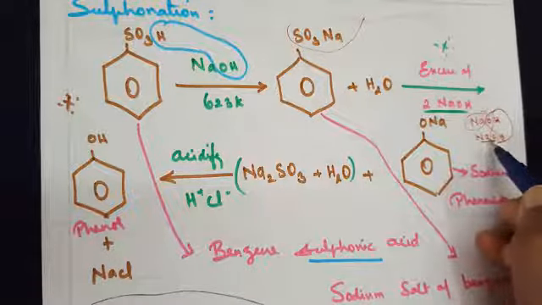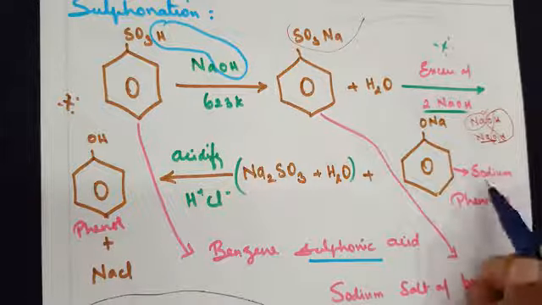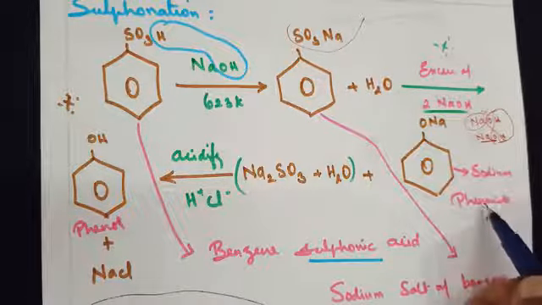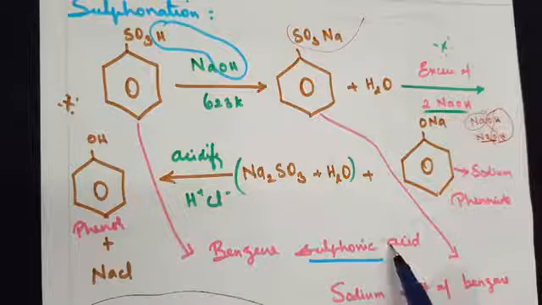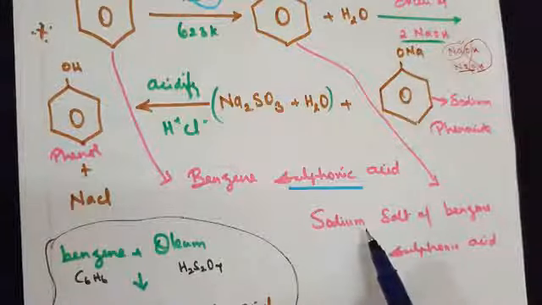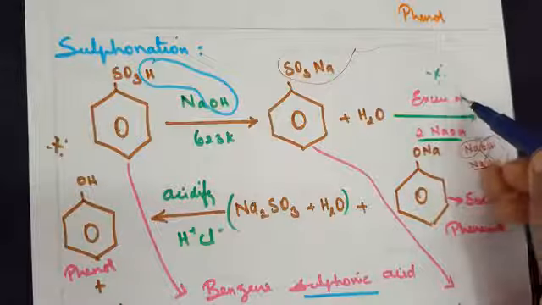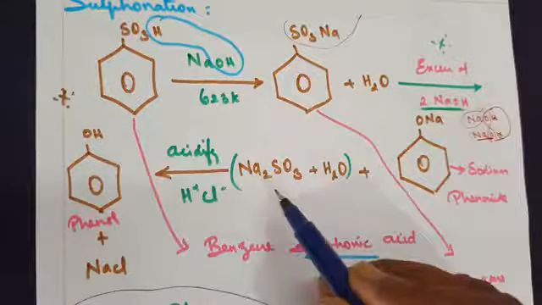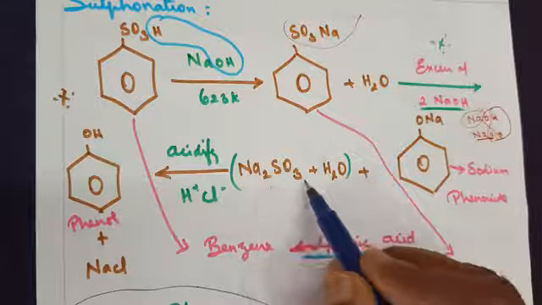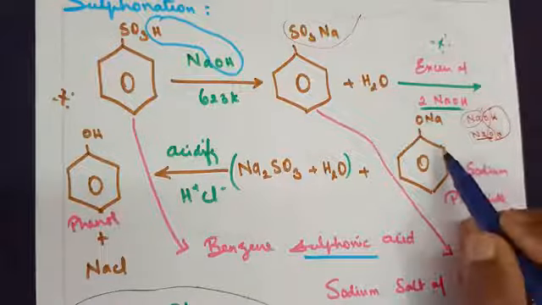So we are left with ONa. That comes to the benzene ring. So here again we get sodium phenoxide. When you treat it with excess of sodium hydroxide, there are 2 byproducts, Na2SO3 and water, and the main product will be sodium phenoxide.